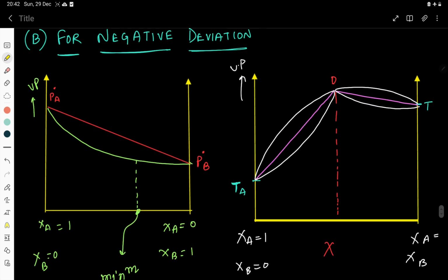Now for negative deviation, the detailing of the negative deviation we know from our junior classes. That means the curve will look like this, and here will be the minimum vapor pressure, and for this minimum vapor pressure it will have the maximum boiling point over here.